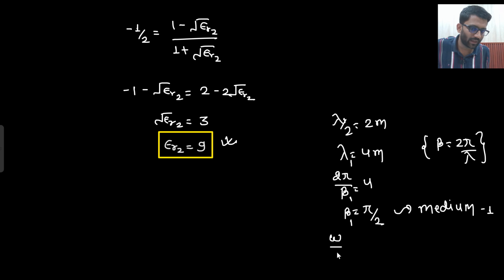So beta equals omega by c times under root epsilon r. Will I keep 9 here? No, I will keep 1, because that is for free space. Are you getting this point? Here I will keep 1, equal to pi by 2.